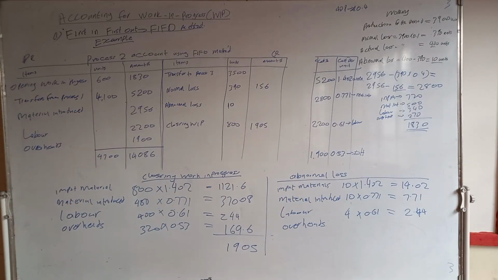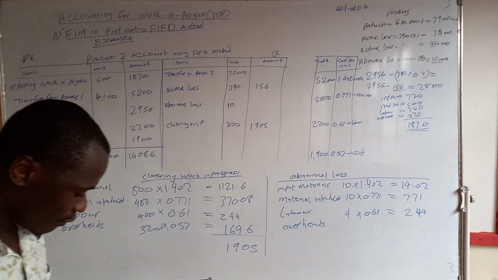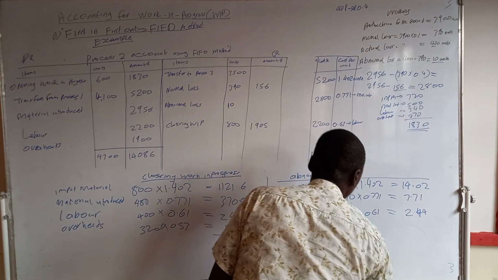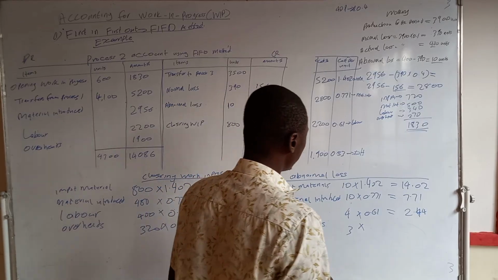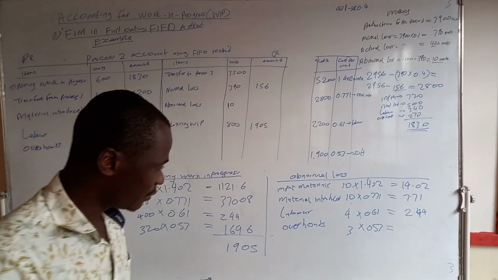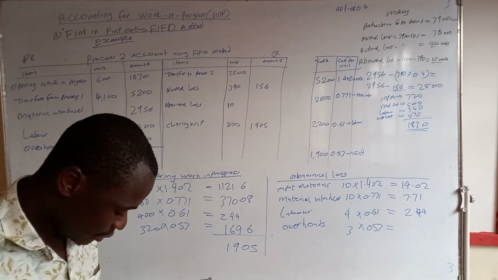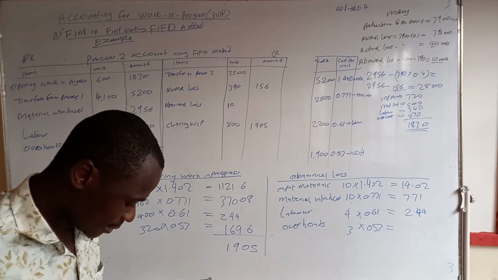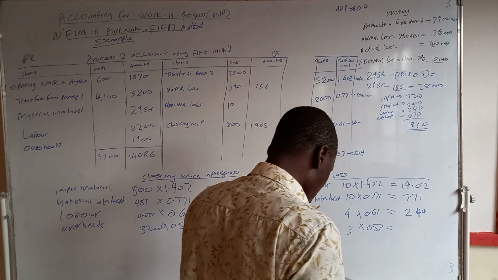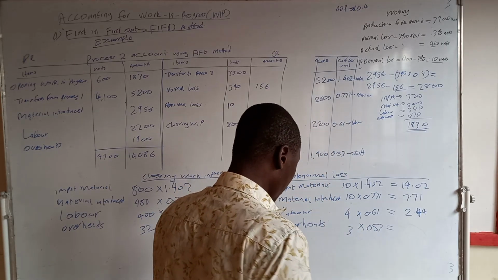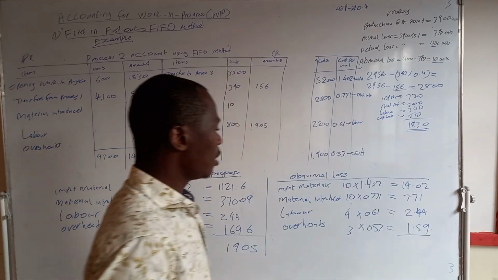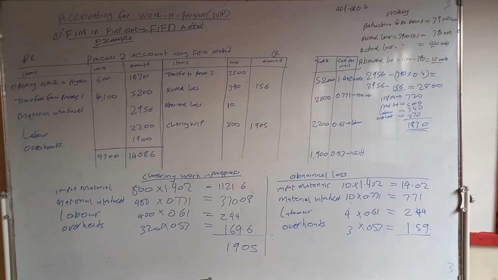Then we have overheads. Here we had the equivalent of 3 units, it was 30%. 3 units multiplied by 0.53 is 1.59. So what is the total?